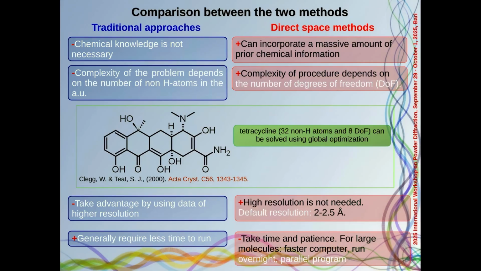In the case of traditional approaches, this final validation step is not necessary, because when you solve using direct methods, you see the structure appear from nothing using just Fourier transformation. In this case, you don't have a starting model. So in general, for direct methods, a validation step at the end is not required.